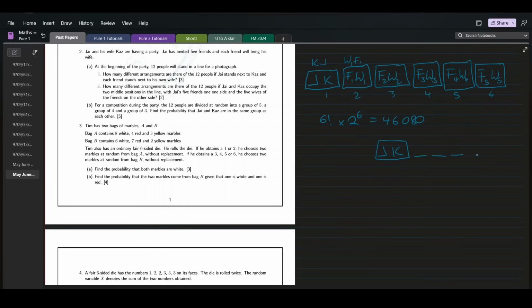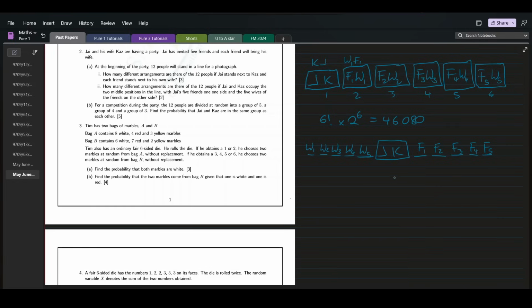So let's put the friends on the right hand side. So we've got friend 1, friend 2, friend 3, friend 4, friend 5, and then on the other side we've got the wives. So we've got wife 1, wife 2, wife 3, wife 4, and wife 5.